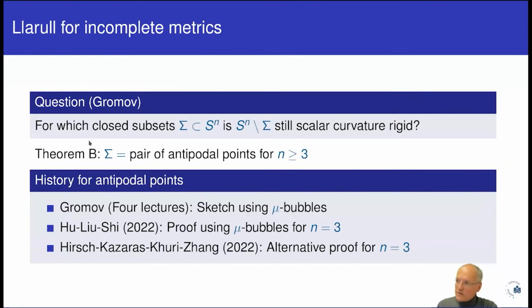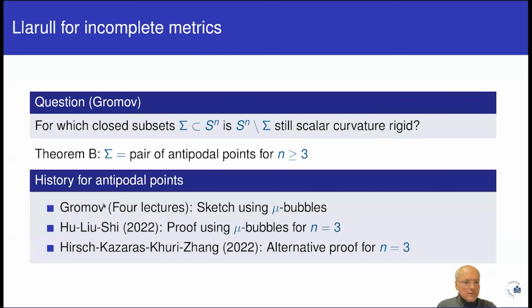And the motivation for studying this goes back to a question asked by Misha in his four lectures, I believe, namely for which closed subsets sigma of the sphere is the complement S^n minus sigma still scalar curvature rigid in the sense of Llarull's theorem. And our theorem says it's true if sigma is a pair of antipodal points in all dimensions at least 3.